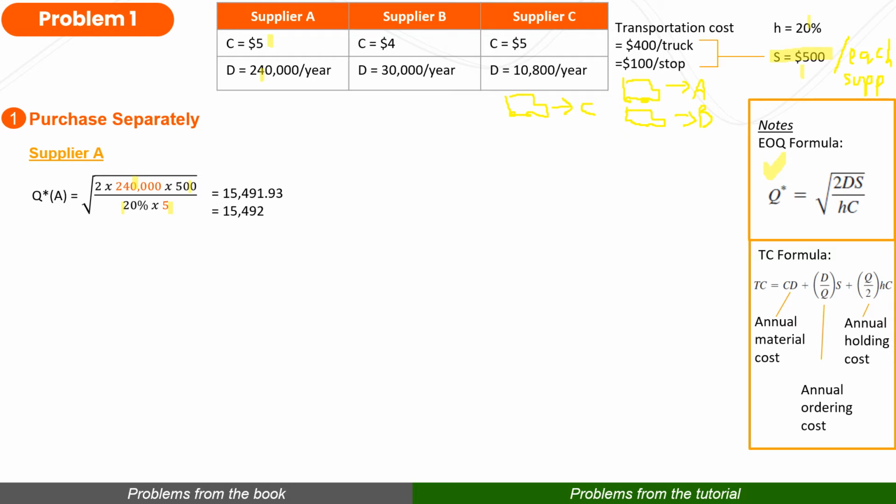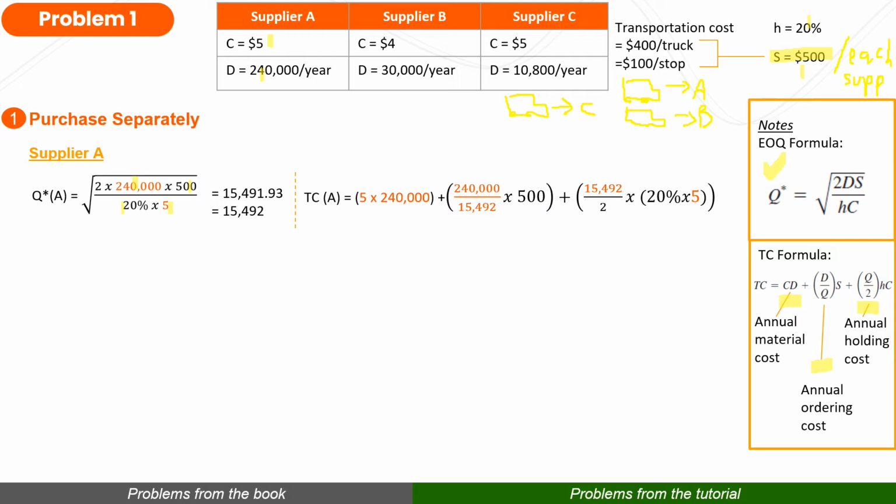And then for the total cost, the formula is here, that is the annual material cost, that is the cost times the annual demand, plus the annual ordering cost, that is annual demand divided by Q star times the ordering cost, plus the annual holding cost, that is Q star divided by 2 times the holding cost.